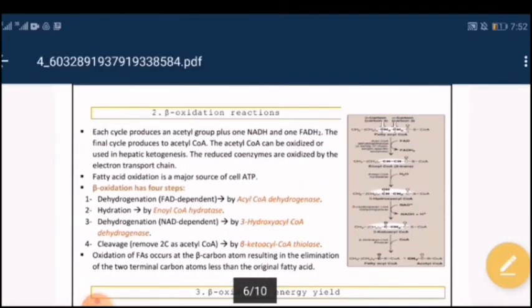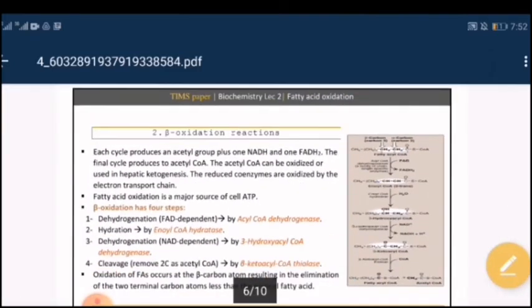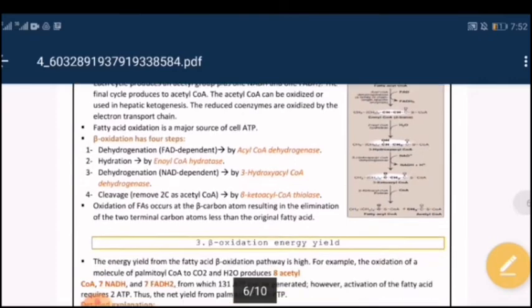Here's an important note. We are going to remove the carbons from the carboxyl end, and we start the reaction at the beta carbon, which is number 3. That's why it's known as the beta oxidation reaction.